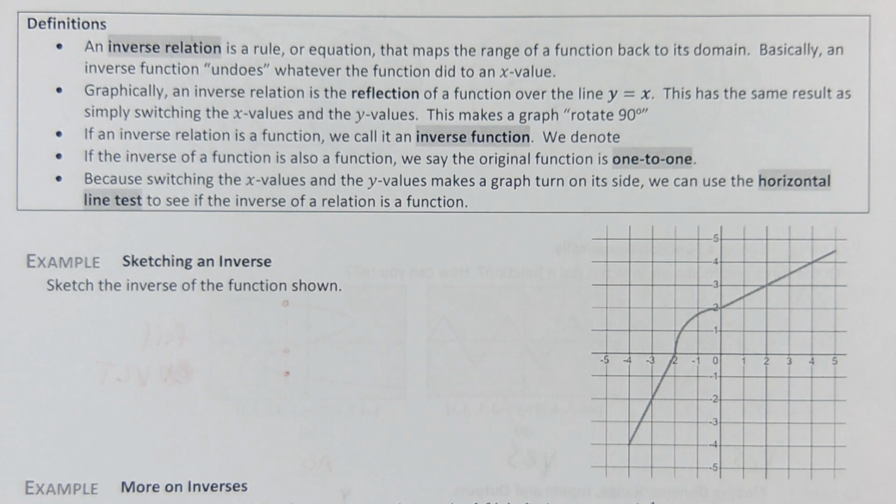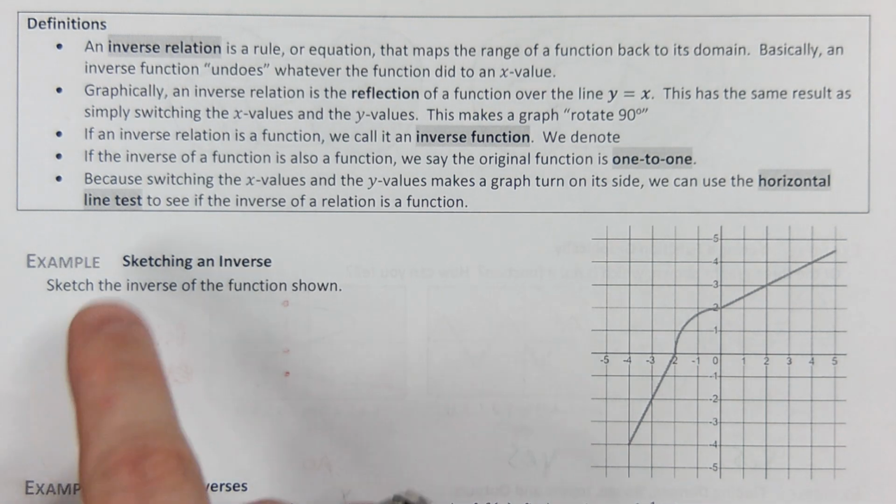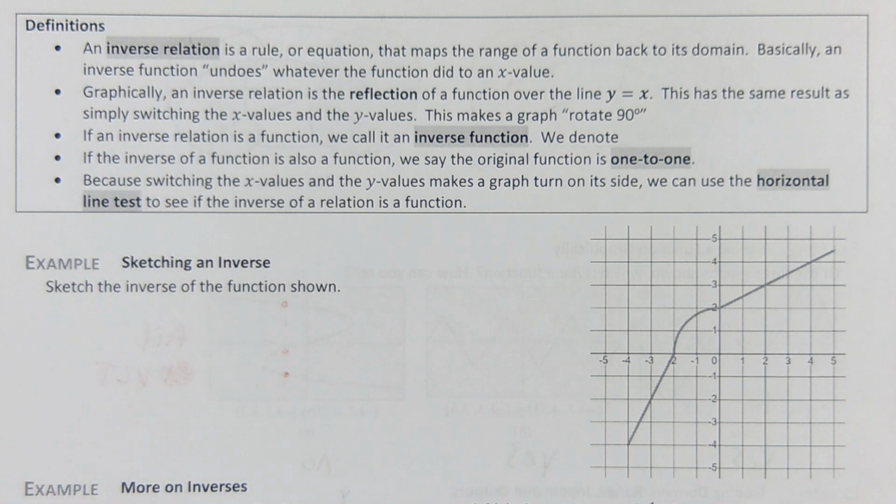An inverse's job is to take those range values and turn them back into domain values. Graphically, an inverse is a reflection over the line y equals x. And like I just said, it basically switches domain and range. So all of your x's from the original function are now y's.